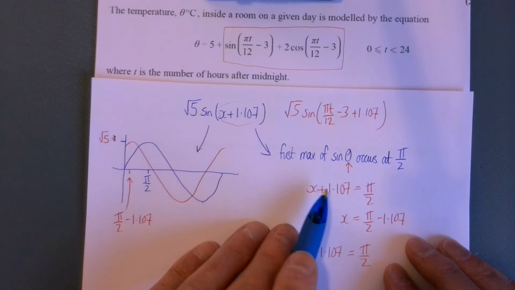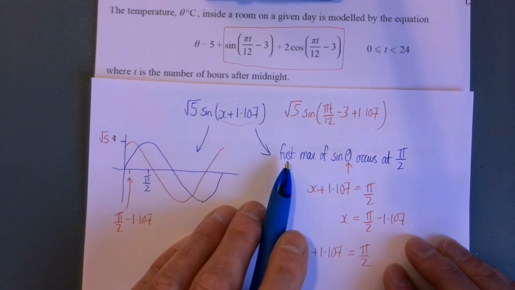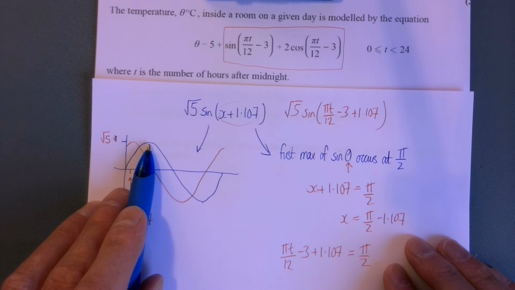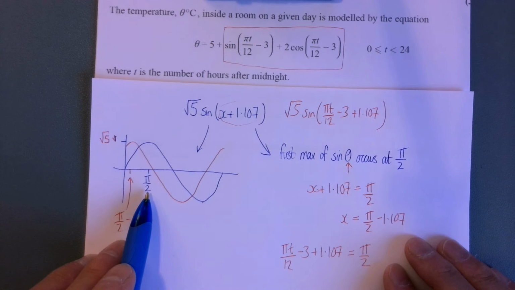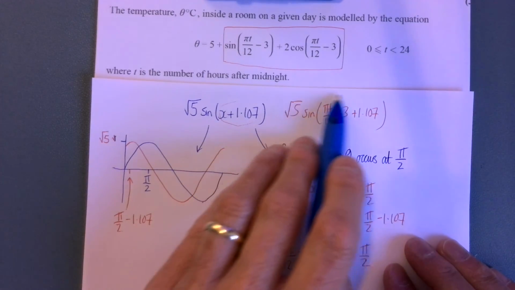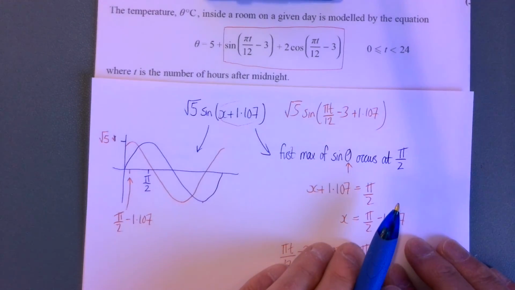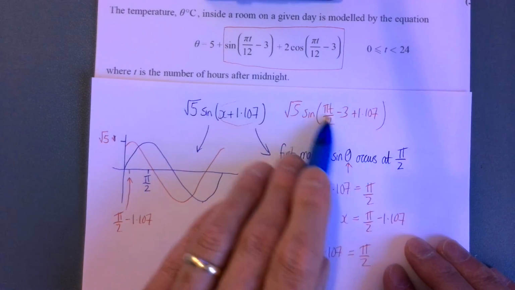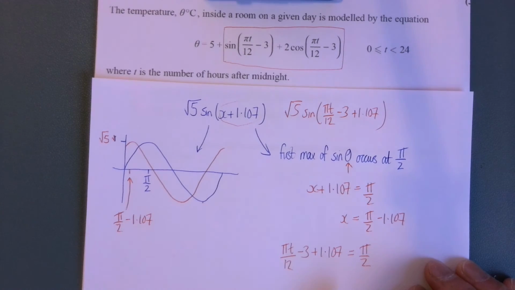So the alternative approach for answering questions like this, when does the maximum occur, is to say, right, I know when the maximum occurs for sine x. That's when it's pi over 2. So this will reach a maximum value when x is pi over 2. So all I need to do is work out when that equals pi over 2.